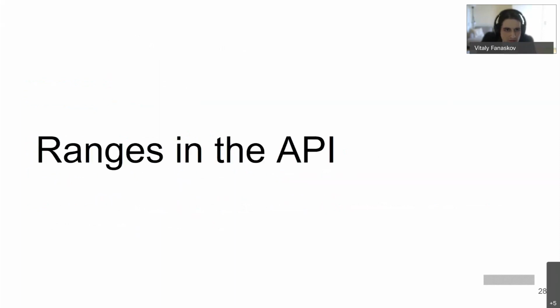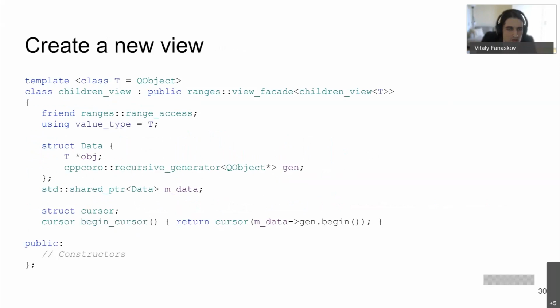So now ranges in the API: how we can add them to the QObject API and what we can get. Let's start with creating a new view. There is a lot of code, but it's quite simple, I guess.